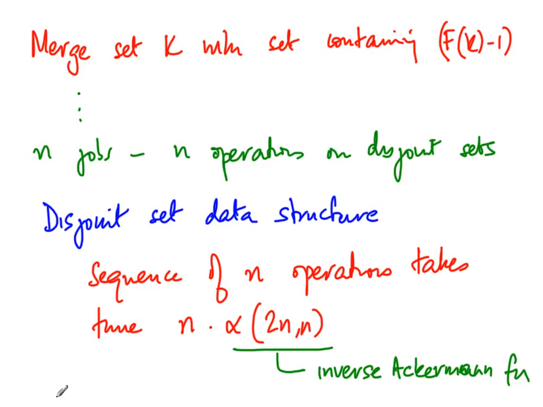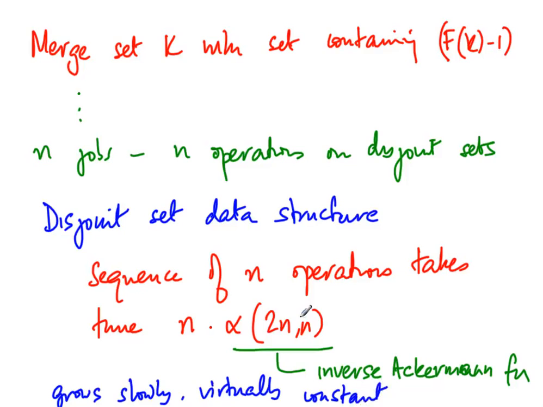This inverse Ackermann function grows very slowly and is virtually a constant. So this means that instead of spending time n squared to do a sequence of n feasibility checks, over this entire sequence of operations using disjoint sets, I've brought down the total time of the feasibility checks to something which is almost linear in n. If we assume that this is close to a constant, there's some constant times n. It's not really a constant, but it grows extremely slowly. So therefore we have an optimization which brings us to almost linear.